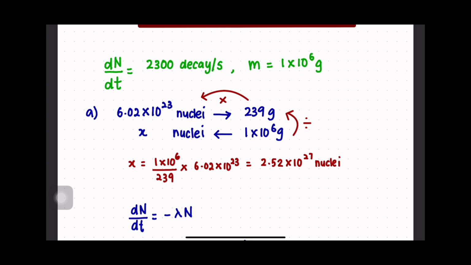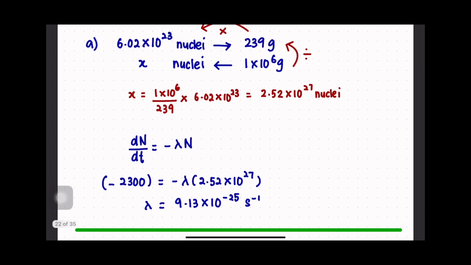So kita guna perkadaran macam kimia tu. Okay, untuk 1 mol, number of Avogadro 6.02 times 10 to the power of 23 nuclei bersamaan dengan 239 gram of Pu. Kalau dia nak pada 1 kali 10 kuasa 6 gram, berapakah number of nuclei? So kita kira, kita akan dapati dia sama dengan 2.52 times 10 to the power of 27 nuclei.